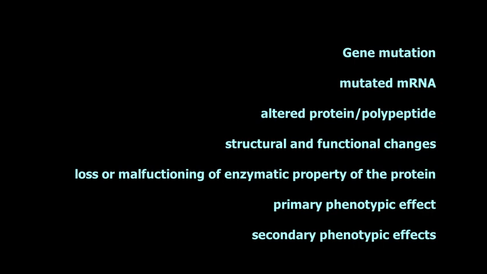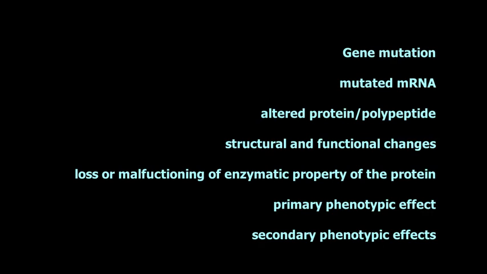Gene mutations may affect enzymes either qualitatively or quantitatively. If it is a quantitative change, it will result in reduced production or non-production of that enzyme. If it is a qualitative change, we can expect a structural or functional alteration in the enzyme.